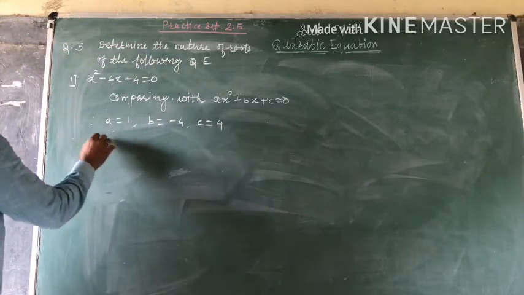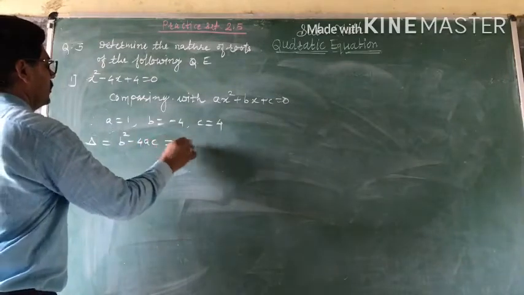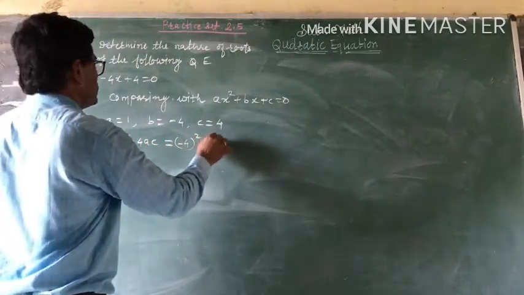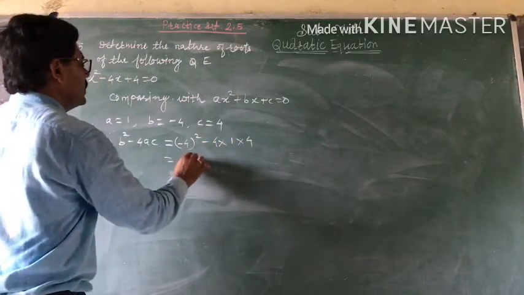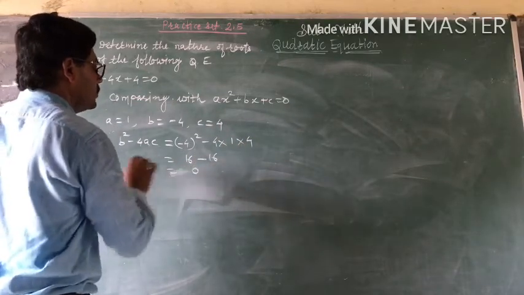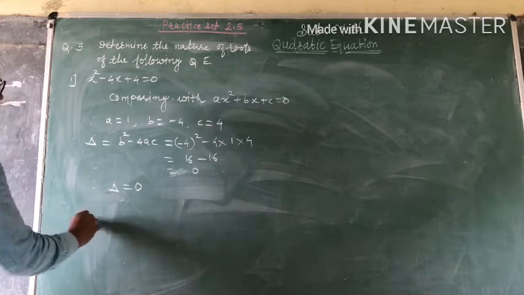Therefore, delta is equal to b square minus 4ac, which is minus 4 square minus 4 into a into c, 16 minus 16 is equal to 0. Therefore, here delta is equal to 0.